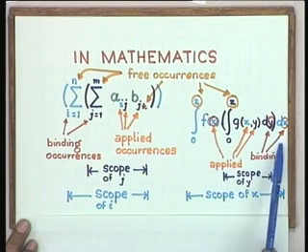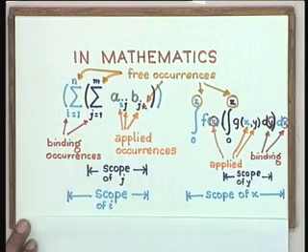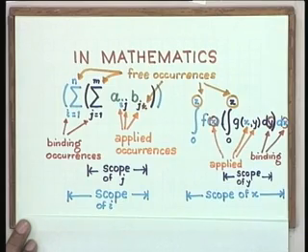So, this is an example of when the binding occurrence occurs after the applied occurrence. If you look upon this as a string, or even as a tree, then the binding occurrence occurs as a node of some right subtree, whereas here the binding occurrence precedes the applied occurrence because it occurs as a node of a left subtree.